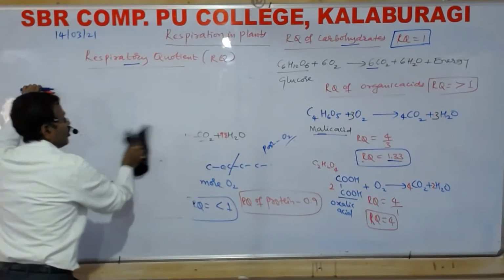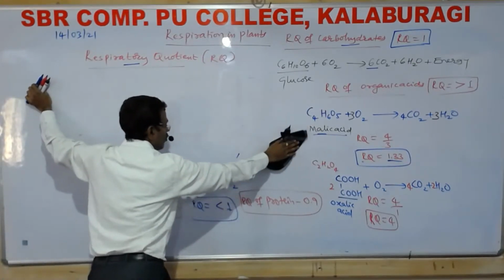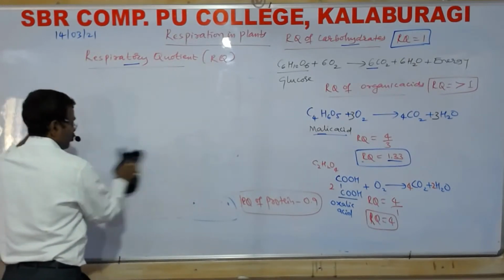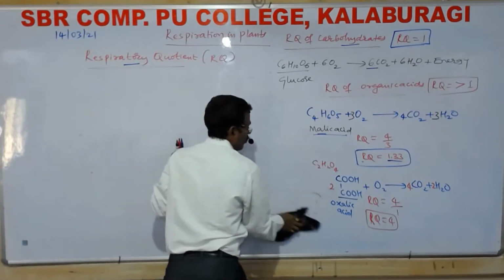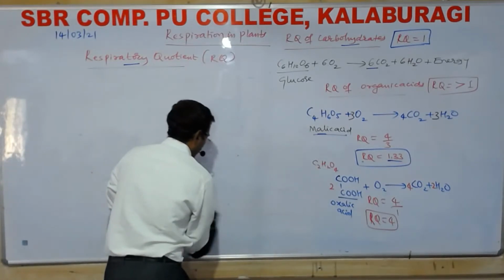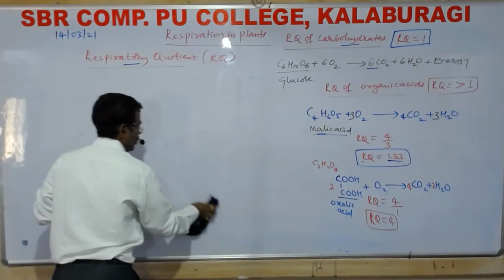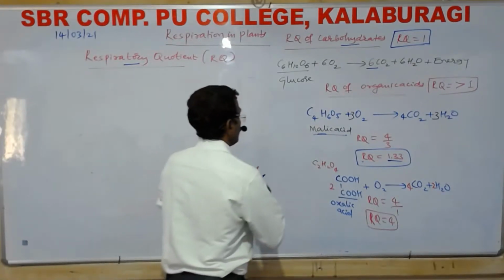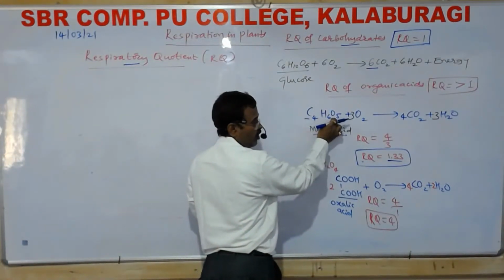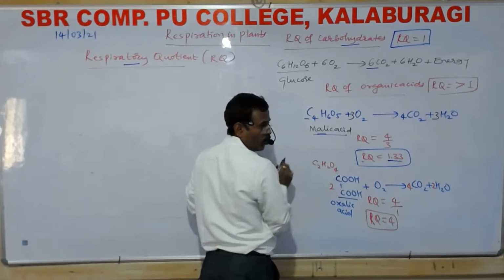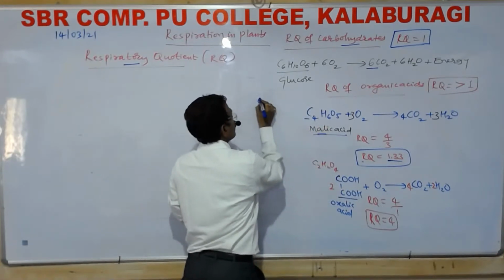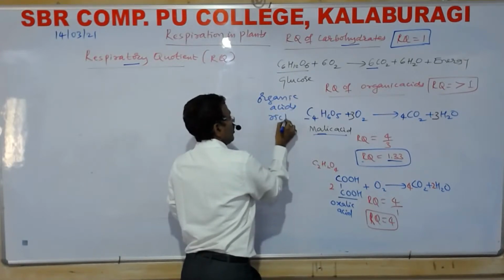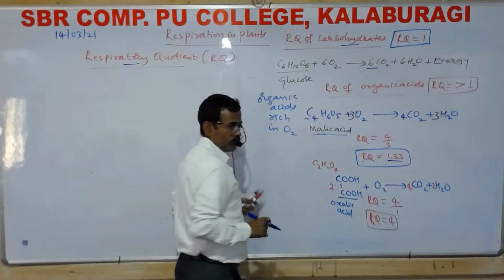Now, why is the RQ value more than 1 in the case of organic acid? Look at the substrate properly. The substrate has few carbons, more oxygen. C4O5, C2O4. So these organic acids are rich in oxygen.